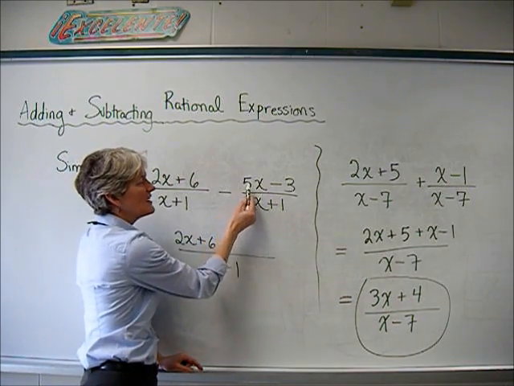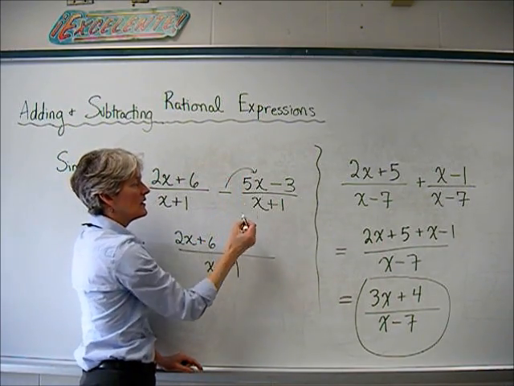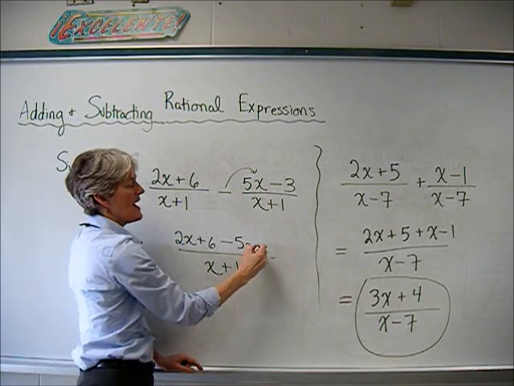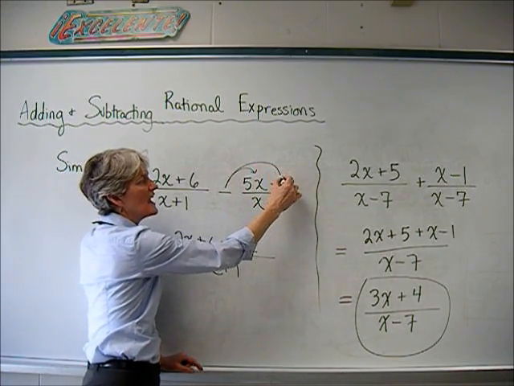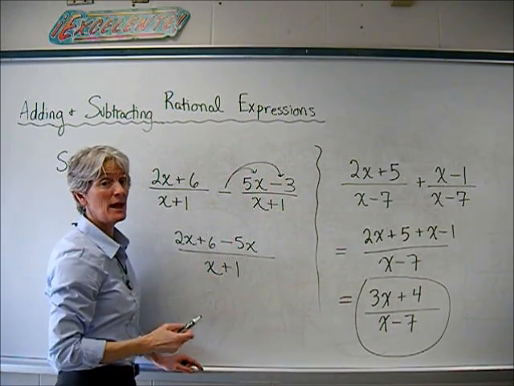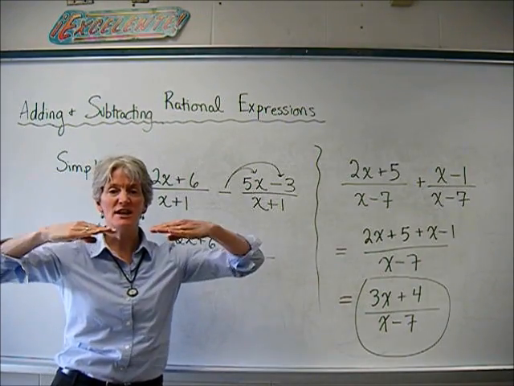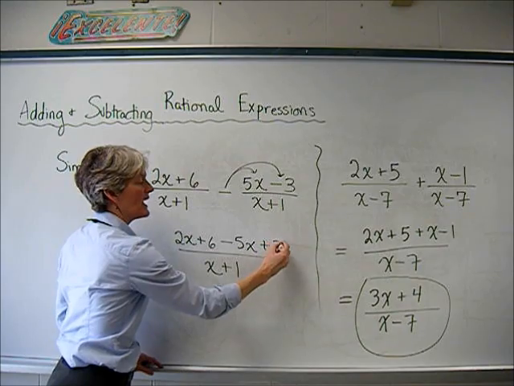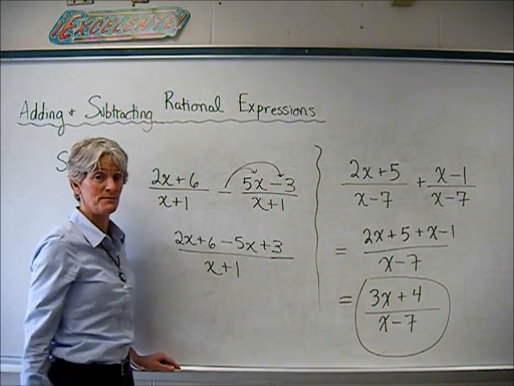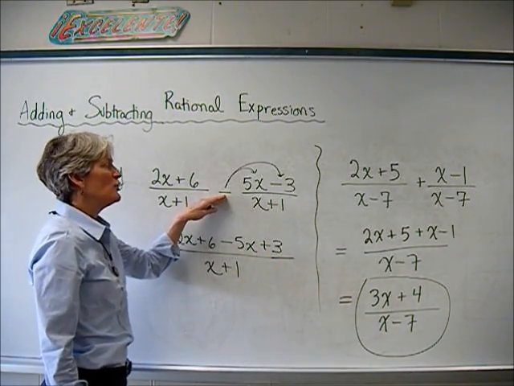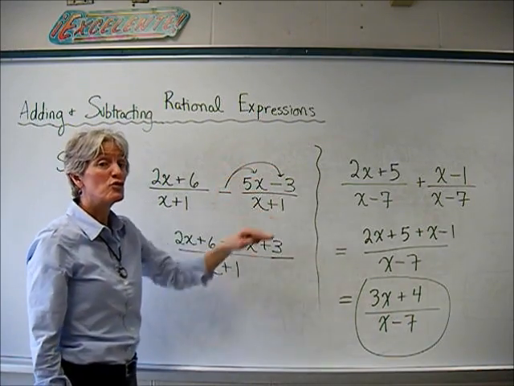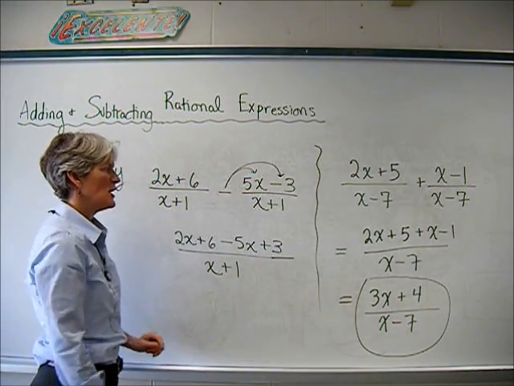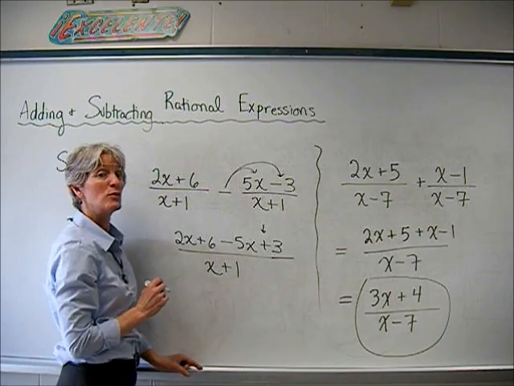I'm subtracting 5x, and I'm also subtracting a negative 3. Subtracting a negative 3. There is my two negatives making a positive situation, right? You can think about distributing that subtraction, if you will. So that is the sneaky part with subtraction.